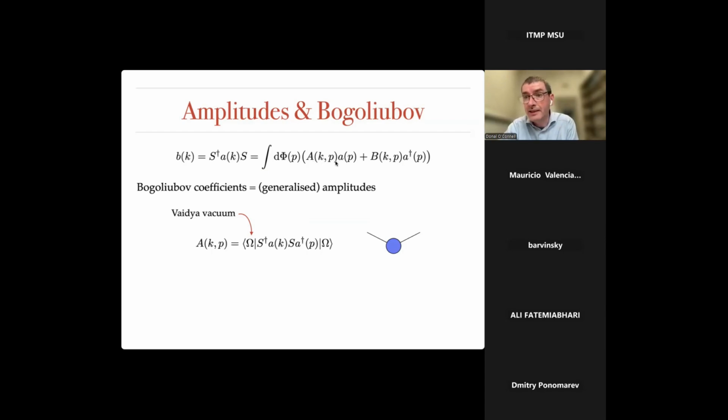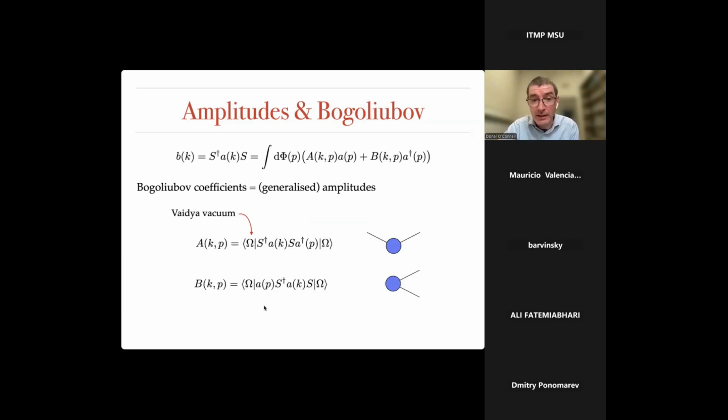So I'll just get this Bogoliubov A. Thinking now of this thing, I have an omega times an S dagger A of K S. That's these things times the A dagger I multiplied in on the other side here and an omega. So this gives you this A as a generalized amplitude. It has an S dagger and an A and an S. It's a slightly different one from the ones before, but it's very similar.